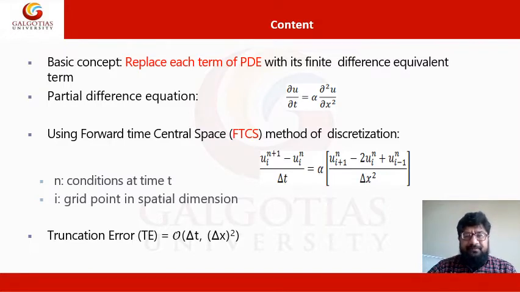So we will get u_i^(n+1) minus u_i^n divided by del t.